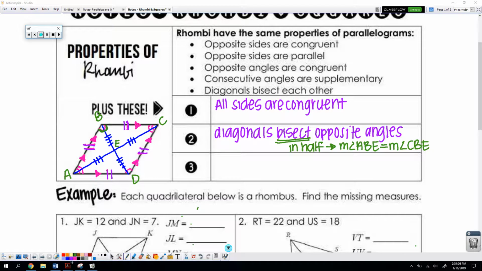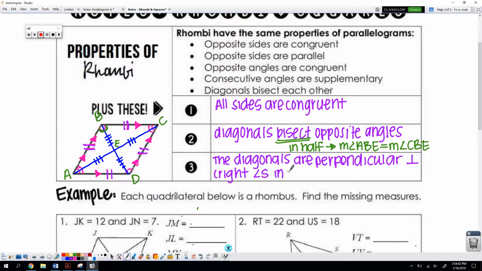Now, another thing that we need to know is that the diagonals are perpendicular. And I'll give you the symbol for that as well. Perpendicular. That symbol is the upside down T. What that means is that we have right angles in the middle.